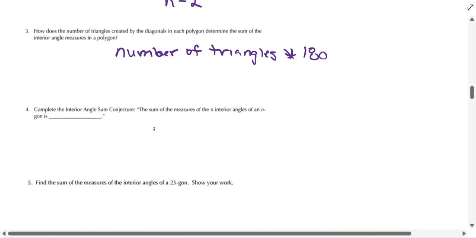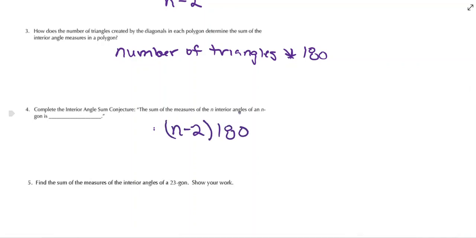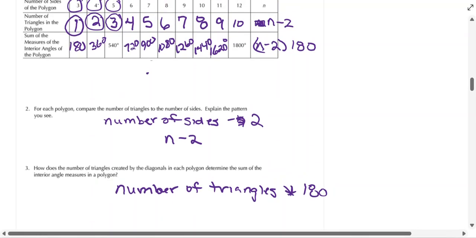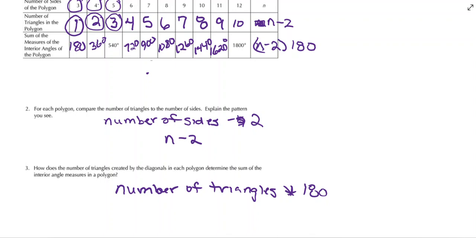So our interior angle sum would be n minus 2 times 180. So it doesn't matter how many sides we're looking for. For example, if we look for 10, we would do 10 minus 2, which is 8, and then times 180. If we're looking for 12, we do 12 minus 2, which gives us 10, and 10 times 180 would give us 1800.